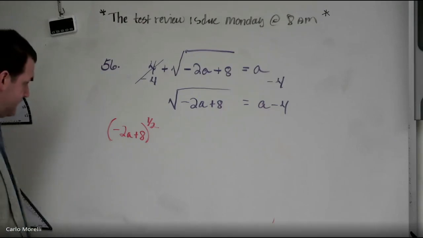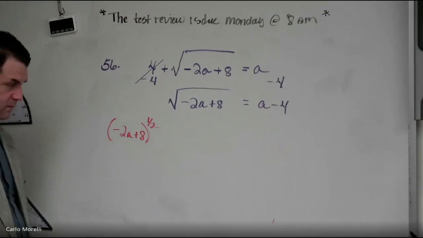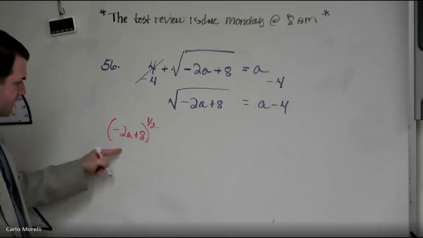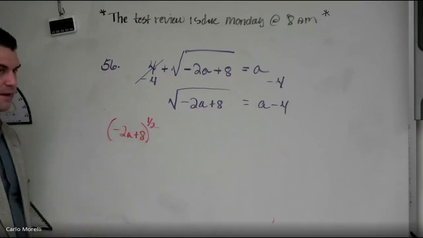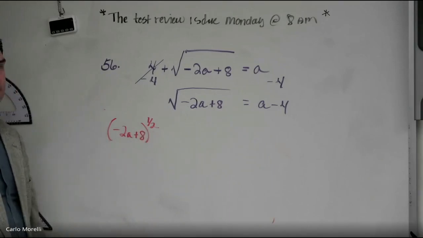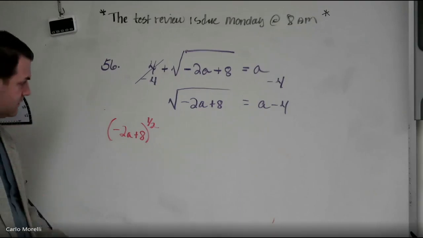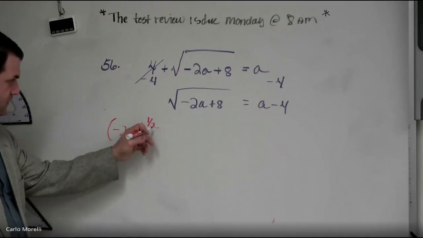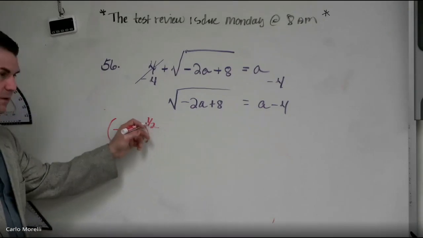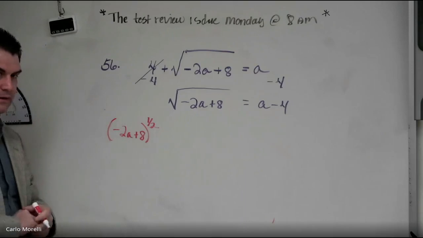No. What would I need to do to this parenthetical expression raised to this power to make that power go away? You would have to multiply the power. What would I have to multiply 1/2 by to make it go away?